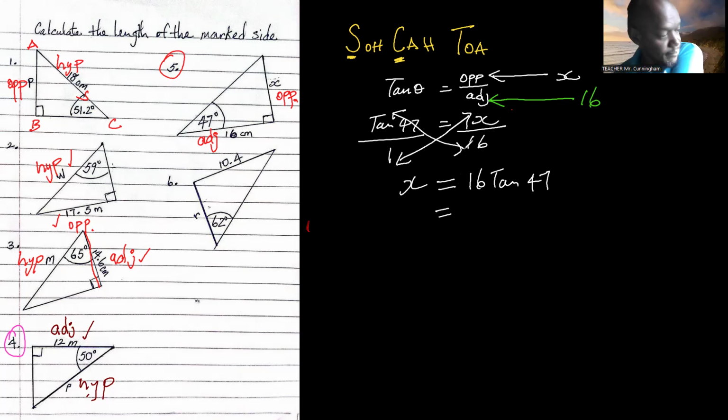Jada, are you there? Yes, sir. Jada, how much is this? x equals 16 tan 47. Work that out for me, please. Give me the answer to one decimal place, Jada. One decimal place, sir?